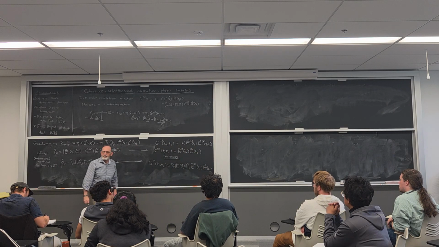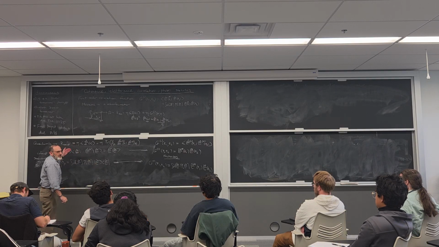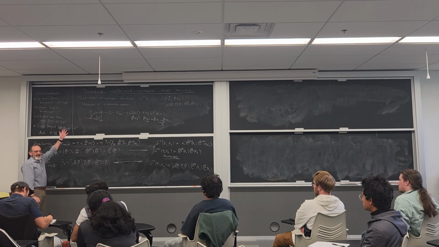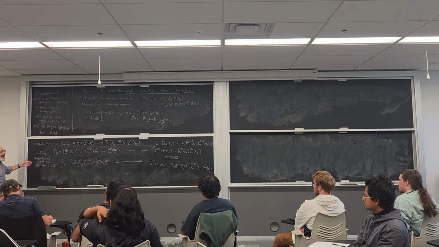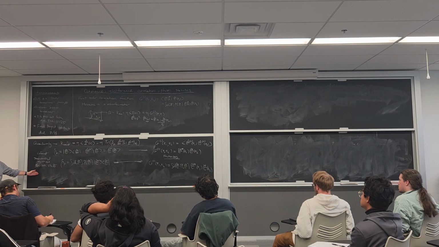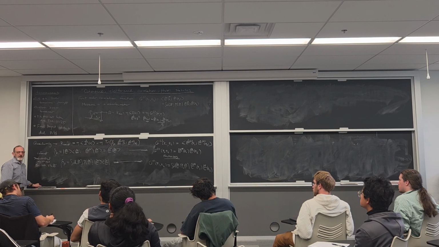Does everyone see that? So we recover the classical theory when we have a statistical mixture of coherent states. And this is what we're calling classical light.